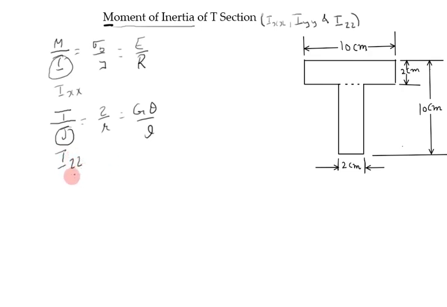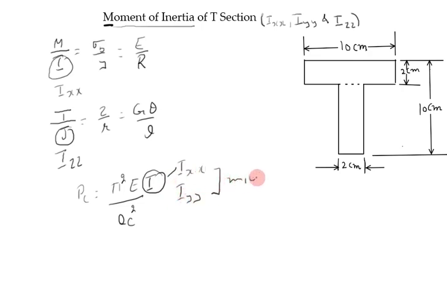Izz. When we solve the next chapter, columns and struts, Euler's equation is pi square EI by Le square. Here for I, first we have to calculate Ixx and Iyy both, and the minimum of these two we have to take in this equation.